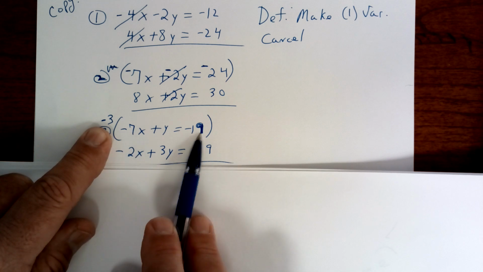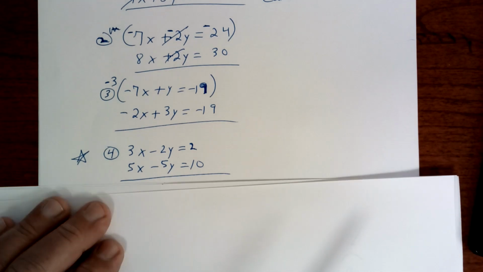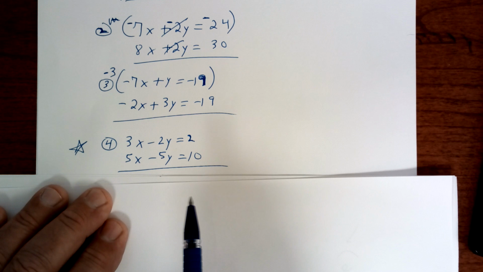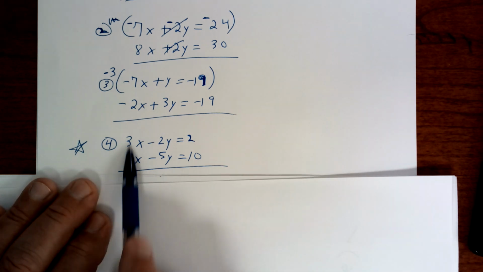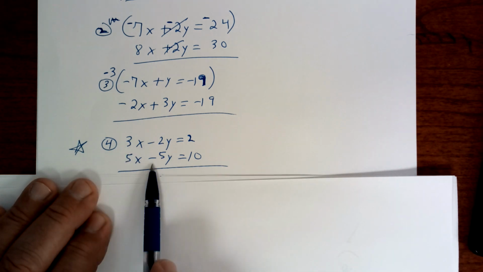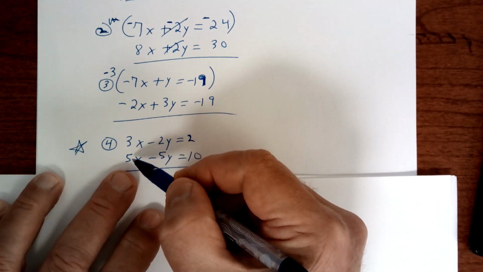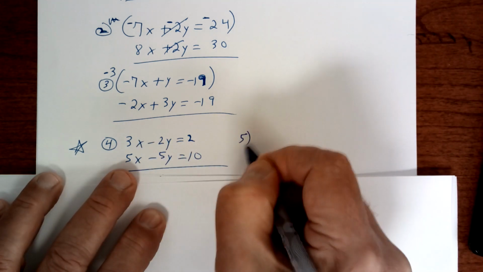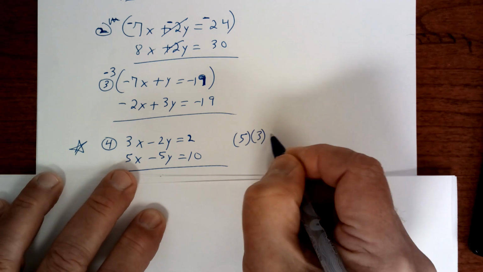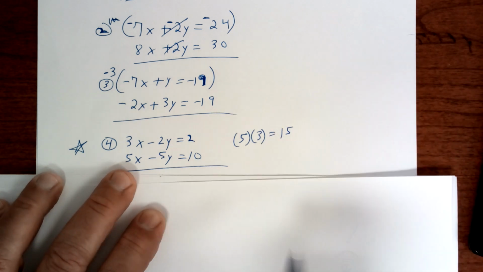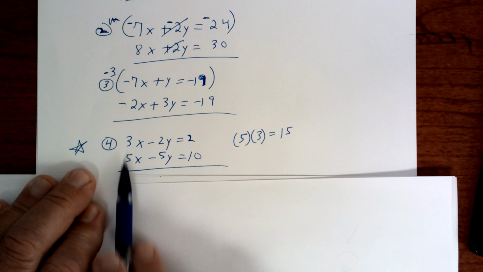Okay, one more. This one right here, I put a star by it. Now, you can go after the x's or the y's. It doesn't matter. What I'm going to do is just go after the x's. So I'm going to take the 5 and the 3 and multiply them together and get 15. Now, what I want to do is make these 15, but one has to be a plus, one has to be a minus.